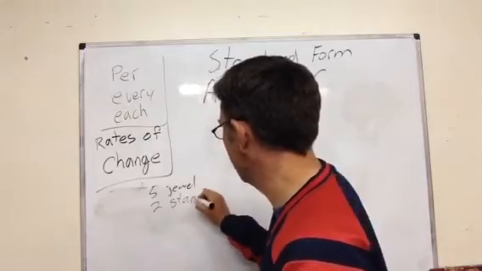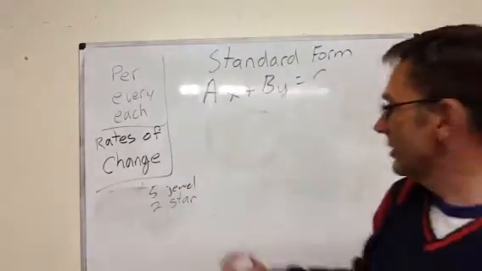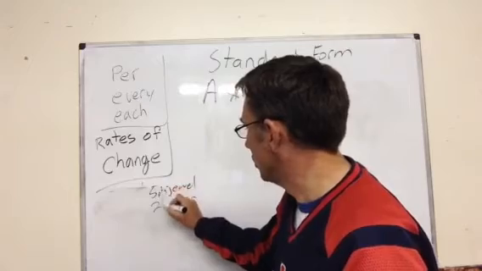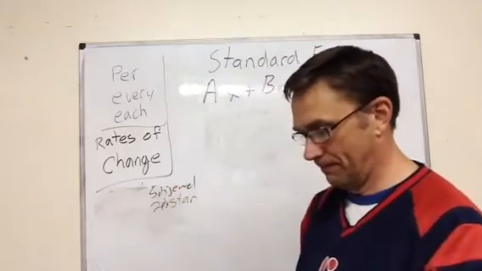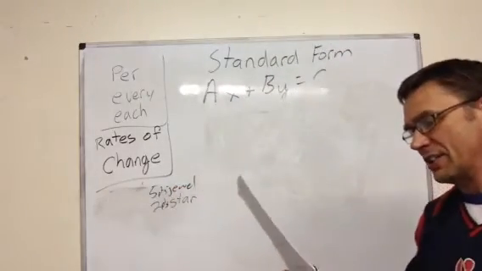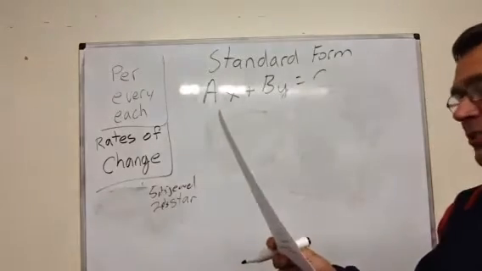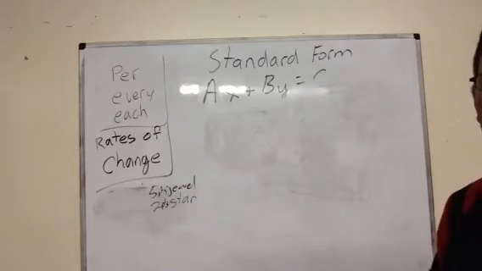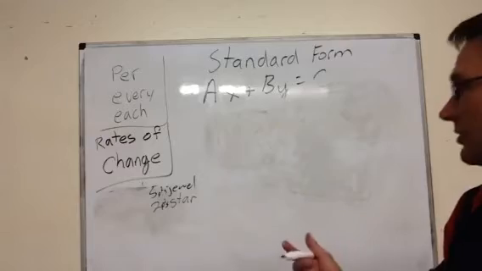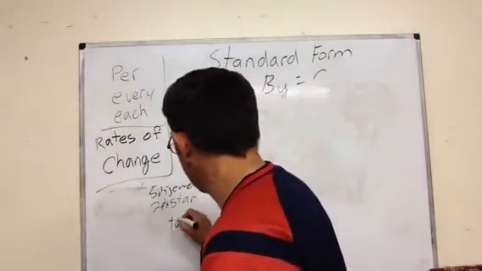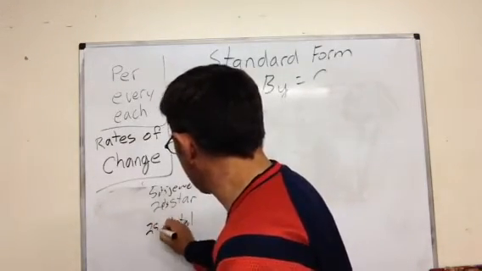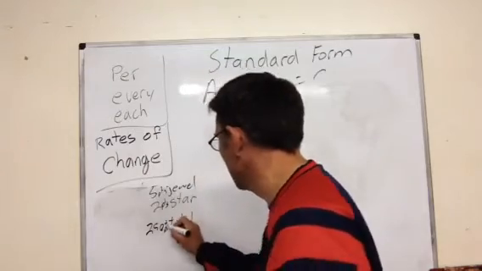There's the word each again. So it's 5 points for a jewel, 2 points for a star. Now it says write an equation that represents the number of jewels and stars you must find in order to earn 250 points. There's our total. Total is 250 points.